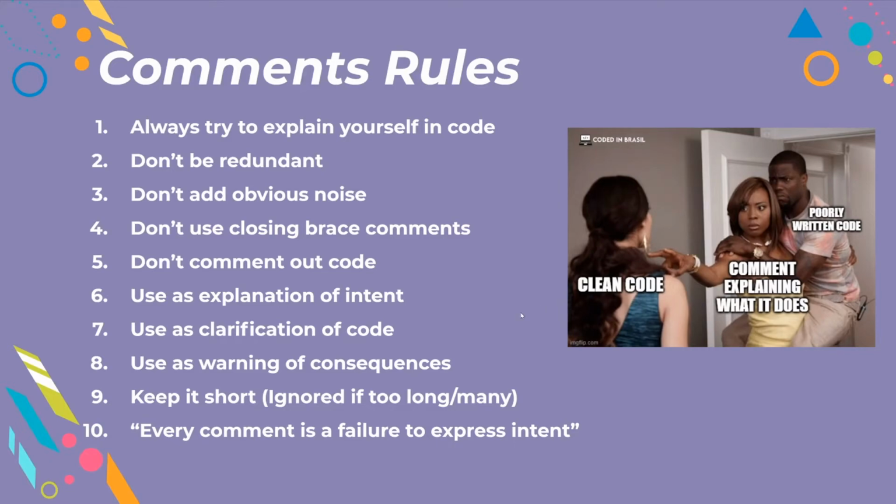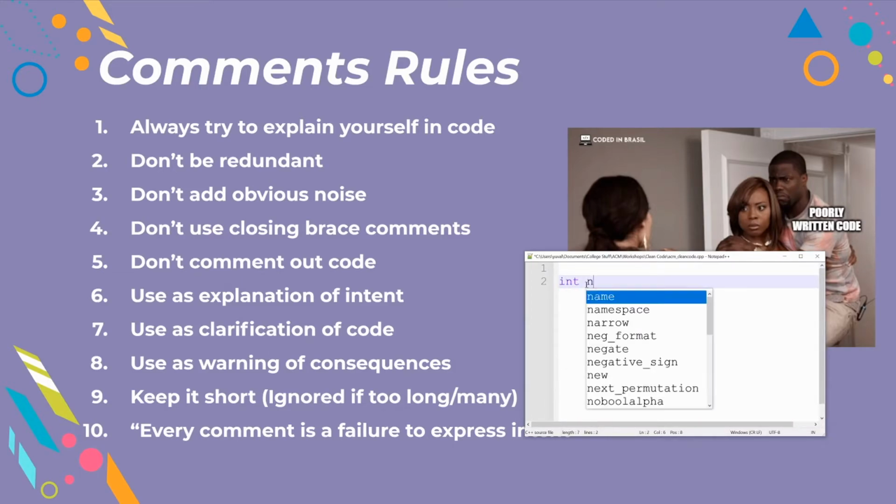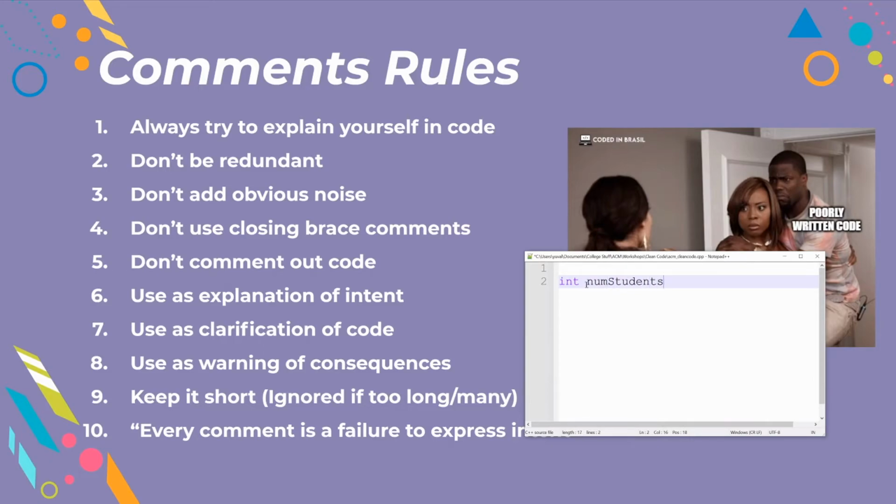And then, as a warning of consequences, could be something like, for example, actually, I don't have to complicate it. Let's say you just have some kind of variable like num of students. Sorry, I don't know why I did snake case. I'm pretty sure you use snake case in Python, by the way, so you might see that there.